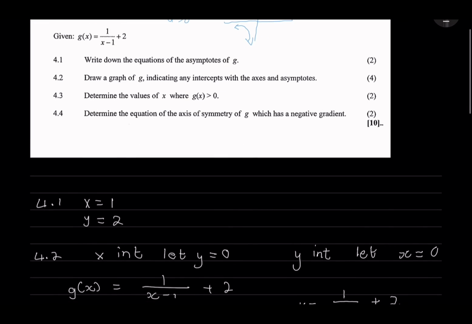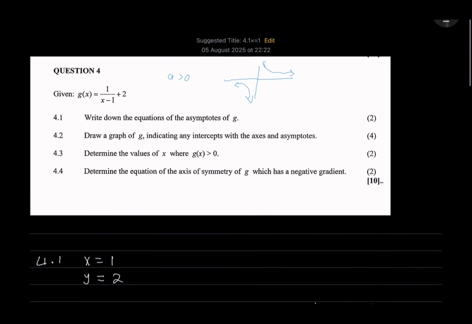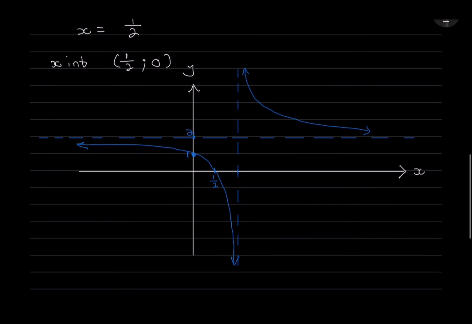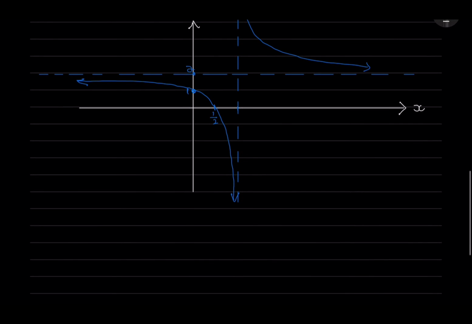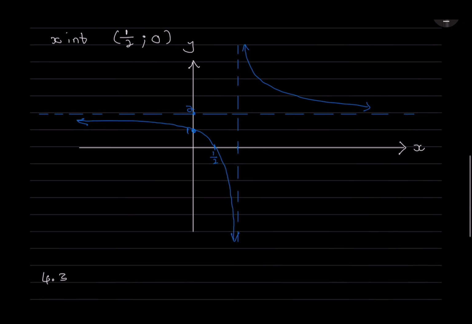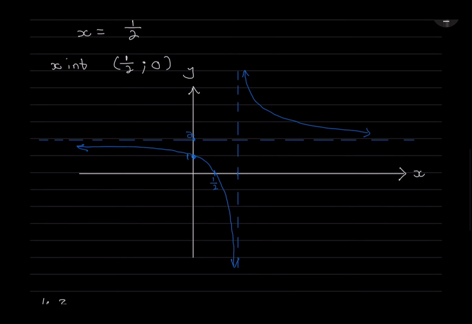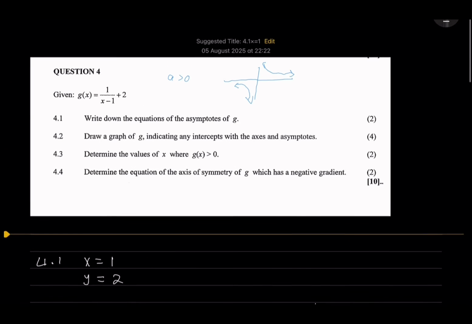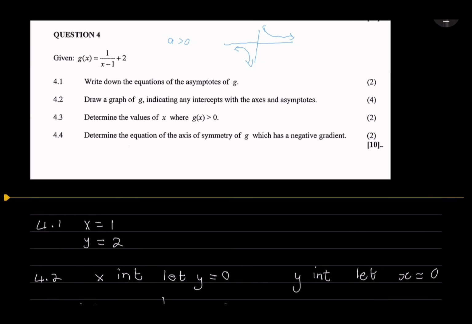1.4.3, they are saying determine the values of x where g of x is greater than 0. So in this case, we can use our graph to determine where g of x is greater than 0. So let's recall, how do we know whether the graph is greater than 0?